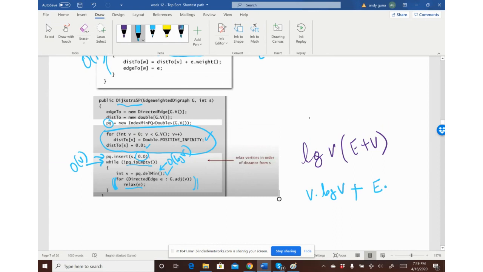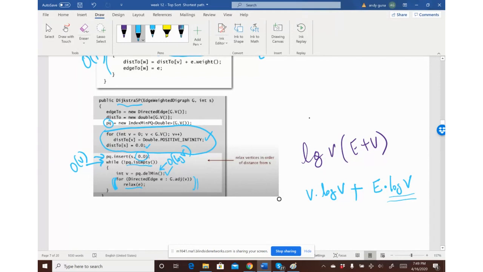But whenever you have an edge, you have to go to the priority queue because you might update something in the priority queue. So that requires log V operations, because the priority queue is a priority queue of nodes. So we can update it with log V operations.